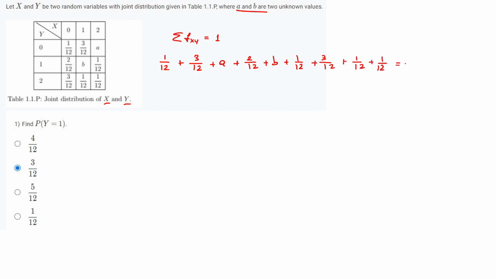That should be equal to 1. By adding it all up, we get 1 plus a plus b is equal to 1, so a plus b is equal to 0. Since a and b cannot be negative, we can conclude that a is equal to b and that is equal to 0, right?